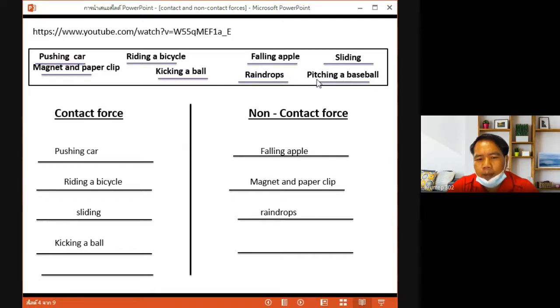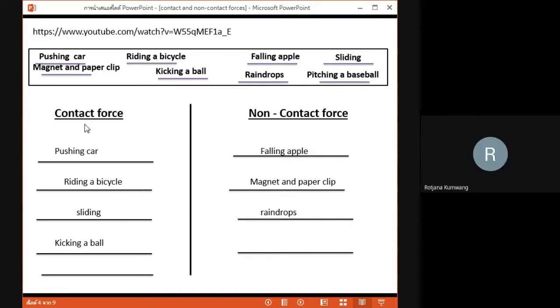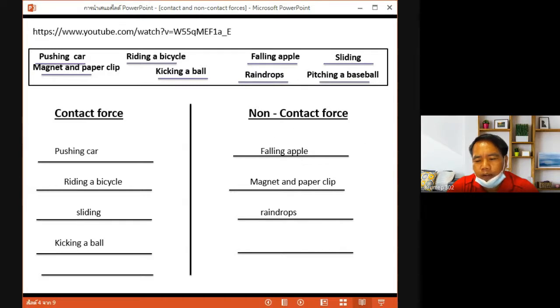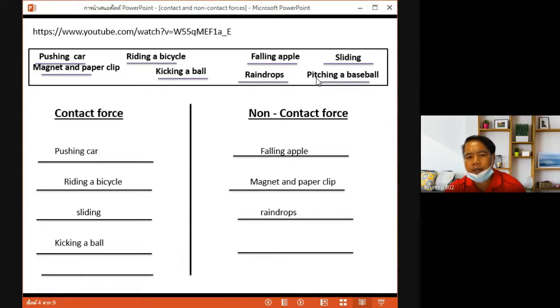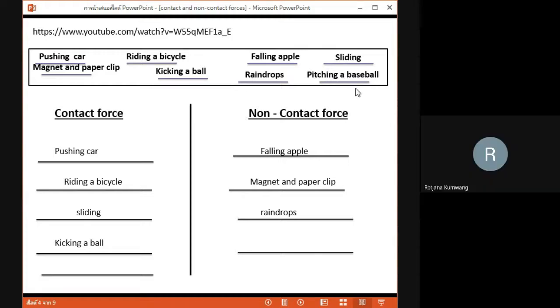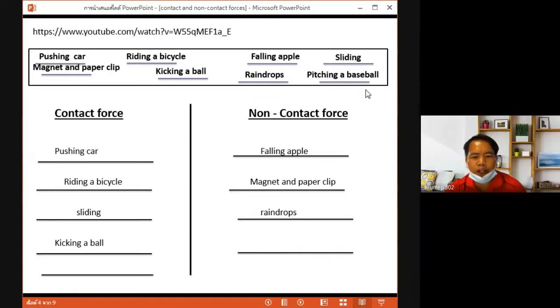Okay, the last one. Pitching a baseball. Is it an example of contact force or non-contact force? Who wants to have the score?